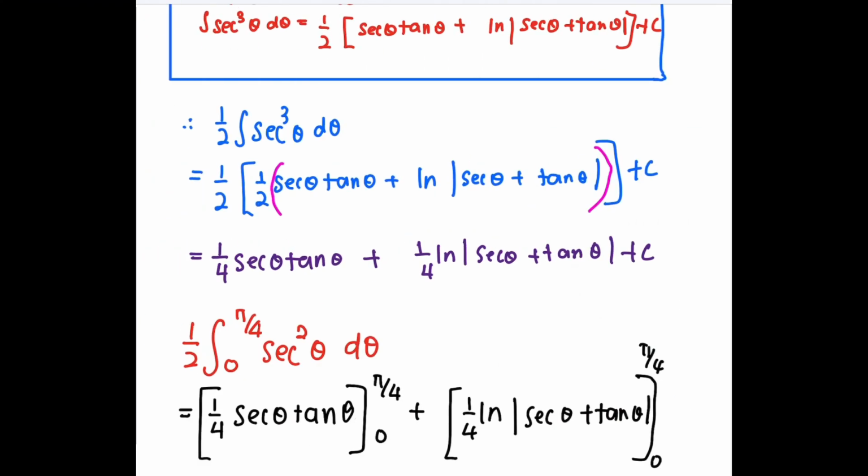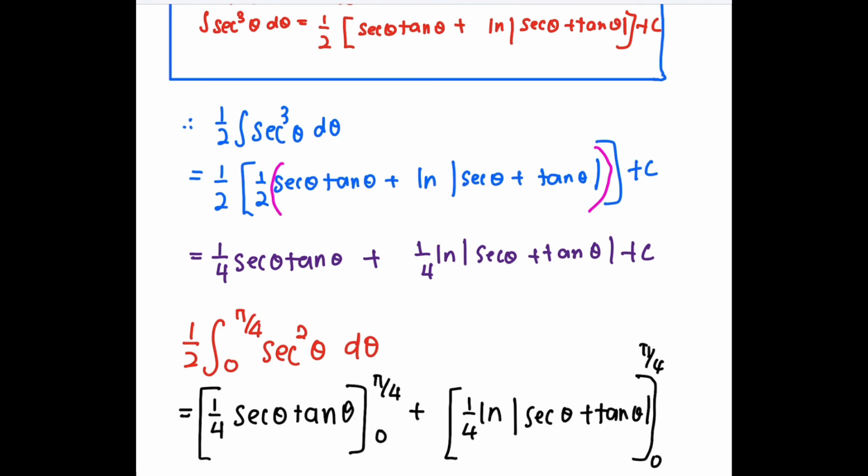So from our question just now, let's revisit our original question. Let's rewrite as half, and for this one, let's just copy your answer here. And don't forget to write plus c. Now let's open up and expand everything. So you have 1 over 4 secant theta tangent theta plus 1 over 4 ln of secant theta plus tangent theta, plus c. So here I have solved it without the limit. Now let's focus on filling in the limits here.